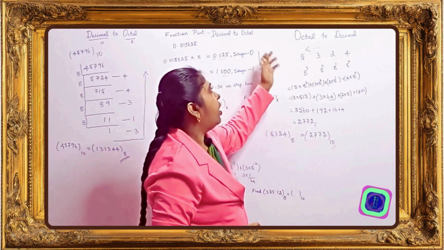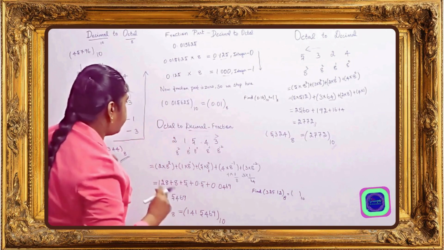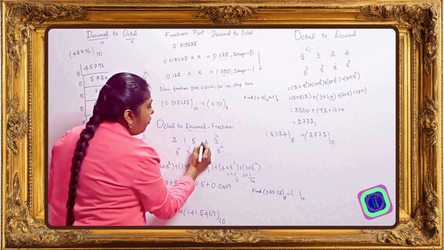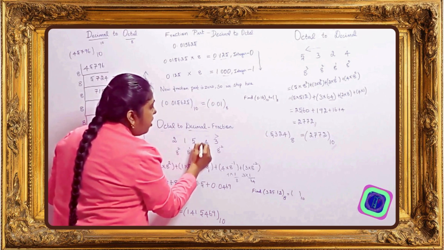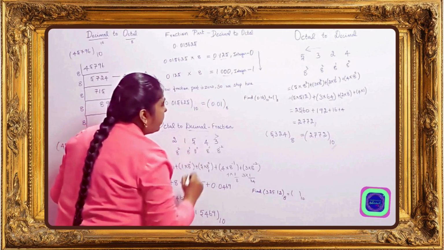If the same octal to decimal conversion has a fractional value, how can we convert it? Consider this example, 215.43. This can be noted as octal 215.43.